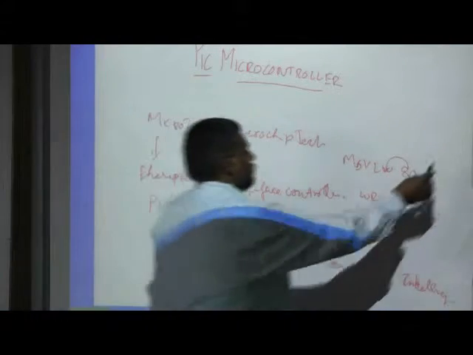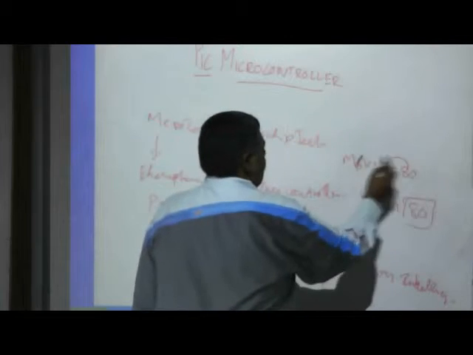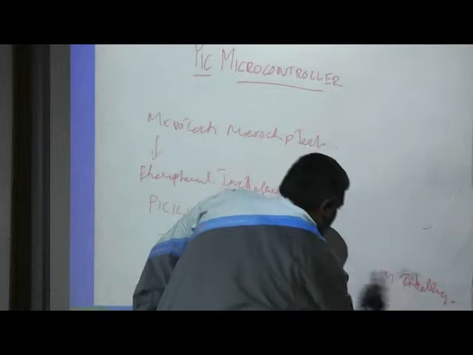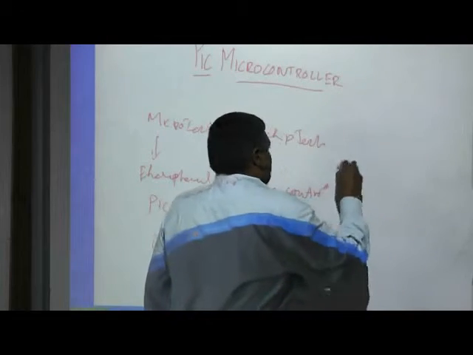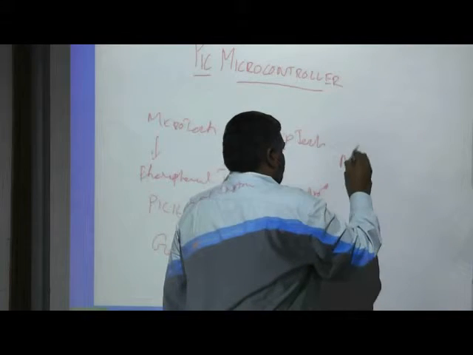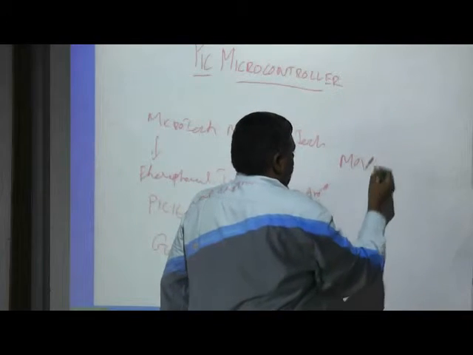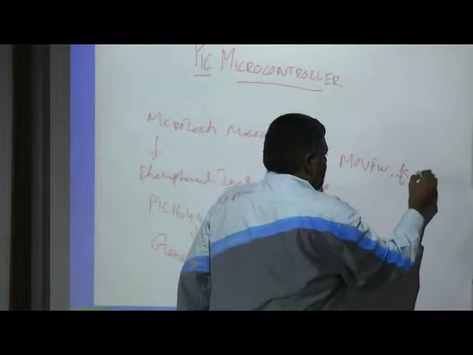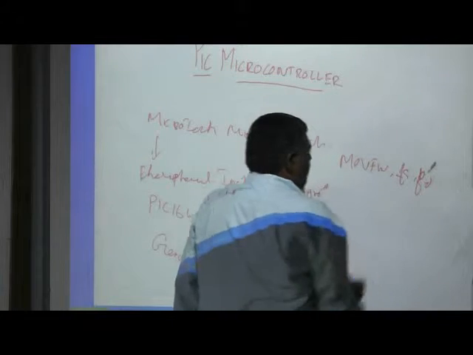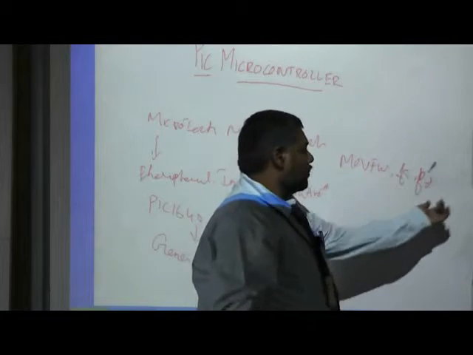For example, MOVFF Fs, Fd, where the content of the source is moved to the destination register.